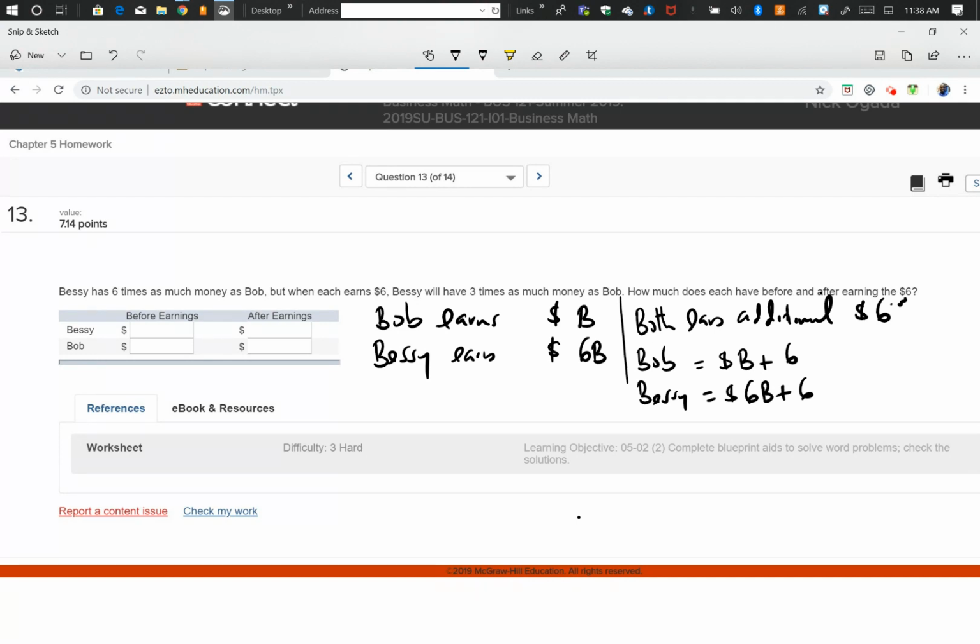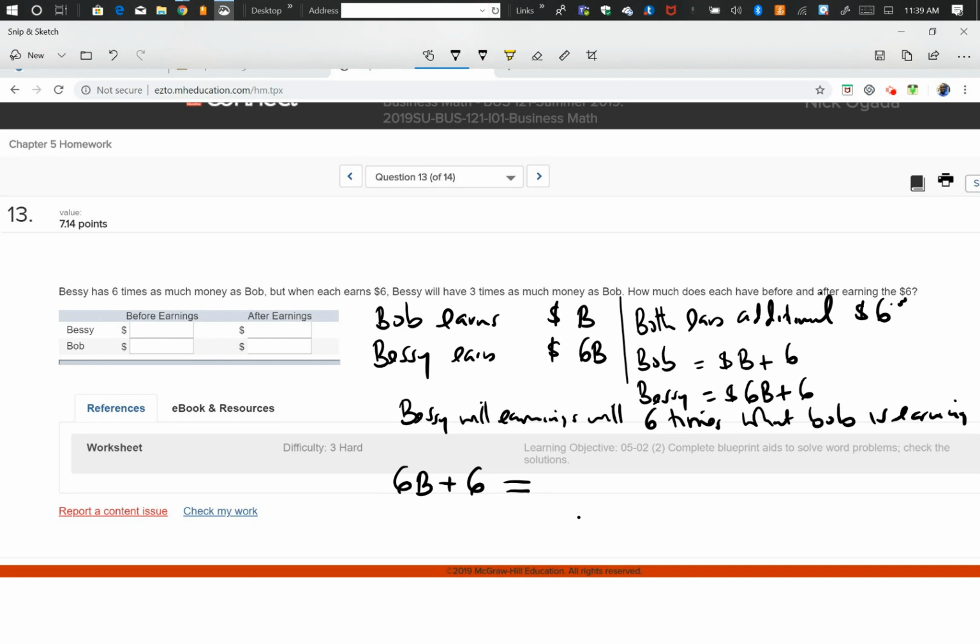So to represent this in equation form, what Bessie is earning, which is 6B plus 6, now the equal sign comes into play.